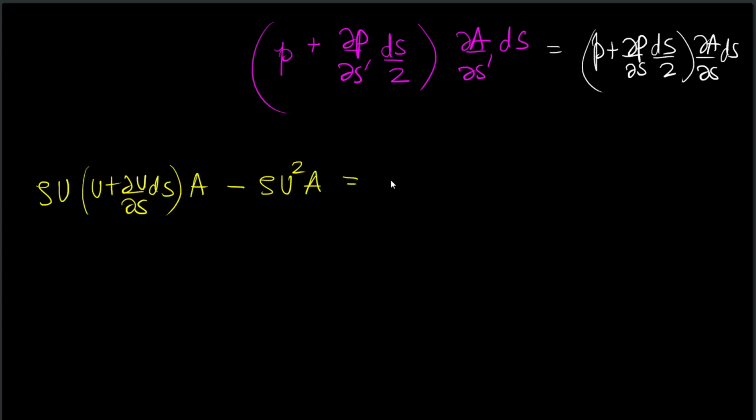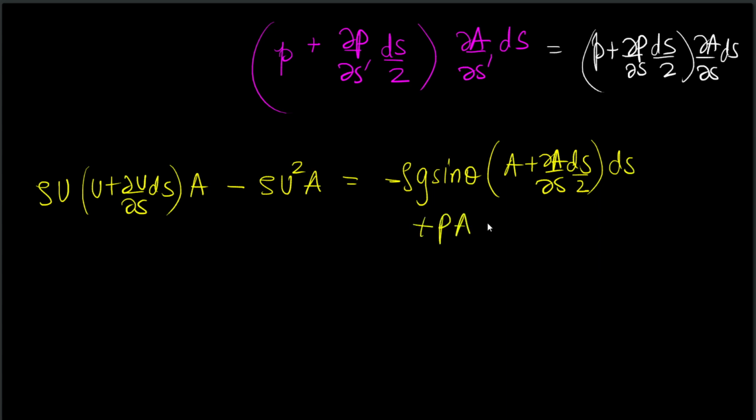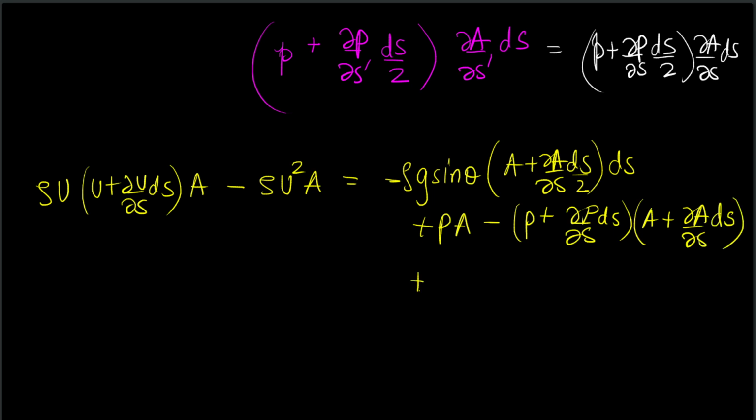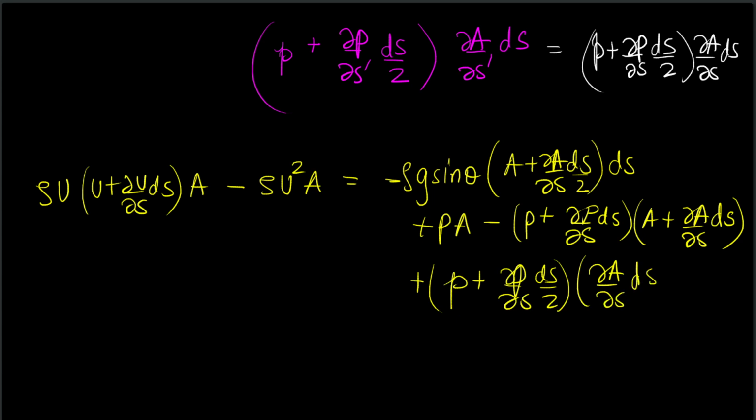This is equal to minus ρg sinθ (A + ∂A/∂s ds/2) times ds, plus pA minus (p + ∂p/∂s ds)(A + ∂A/∂s ds), plus this term (p + ∂p/∂s ds/2) times ∂A/∂s ds.